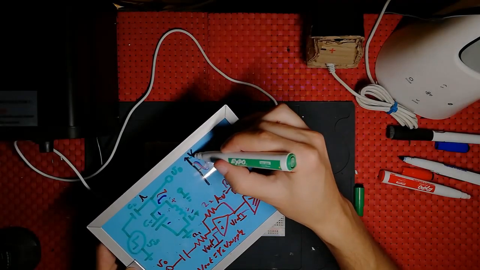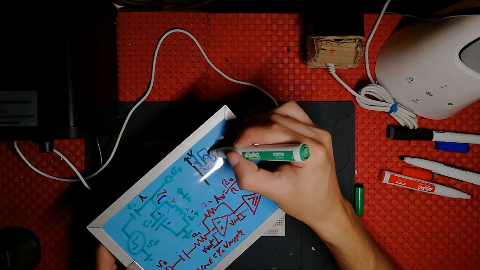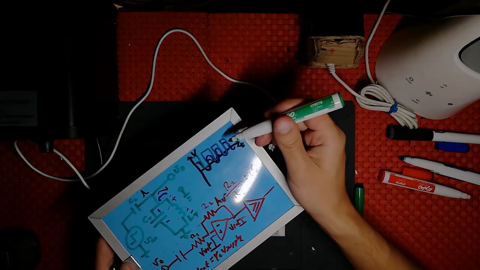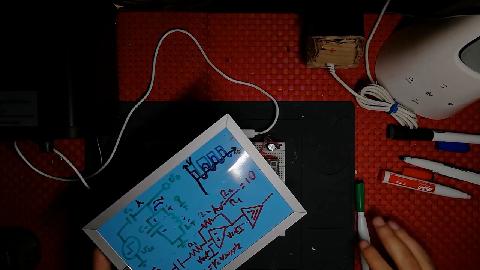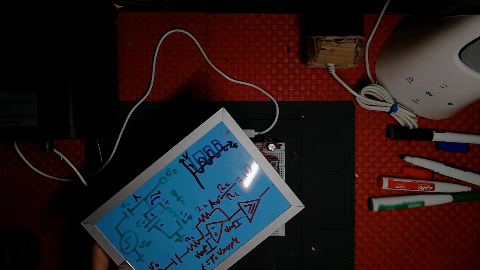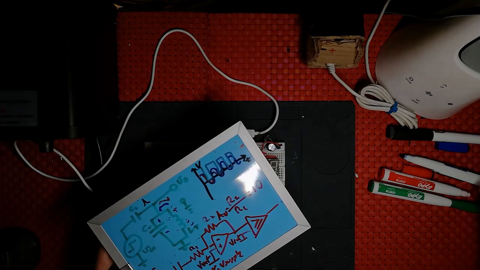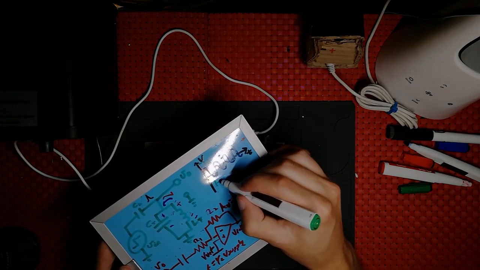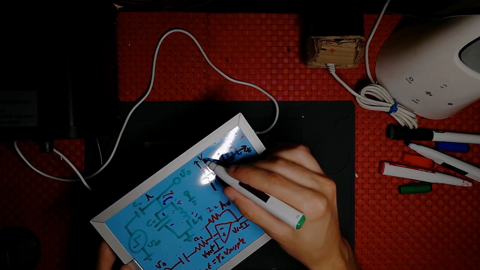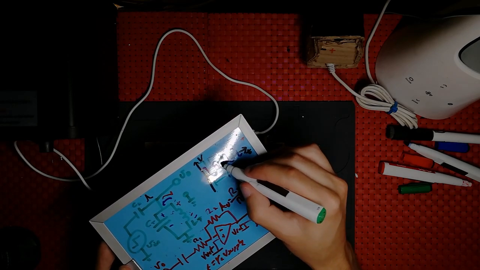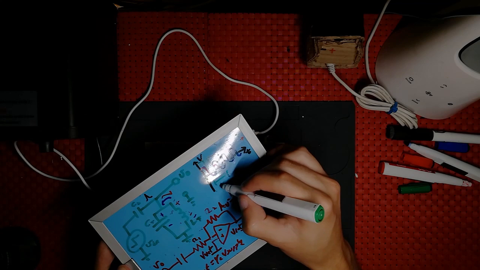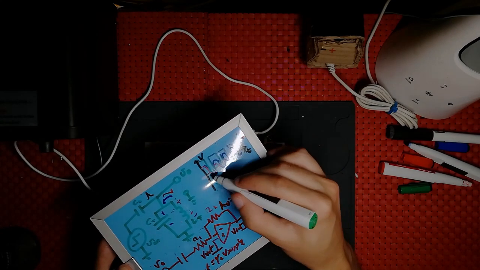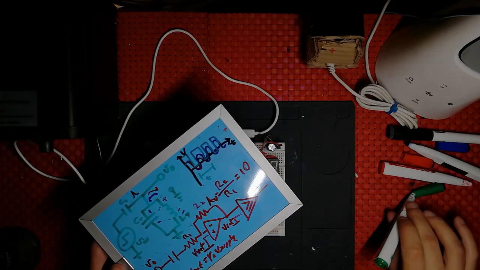This is the comparator output, and this digital pulse can be measured in the microcontroller more easily, so I can measure the time it takes from going low to low, and this time is used to calculate the frequency of the sine wave.